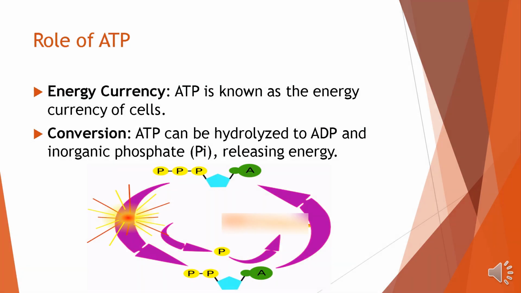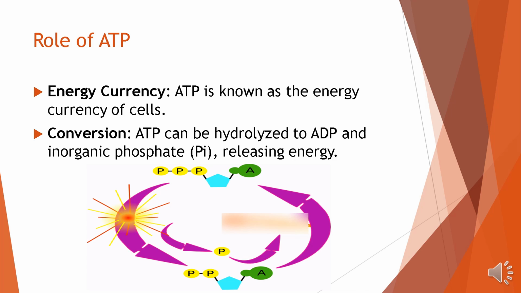So, the role of ATP as energy currency. ATP is often called the energy currency of the cell because it can be easily transported and used by different parts of the cell to fuel necessary processes.